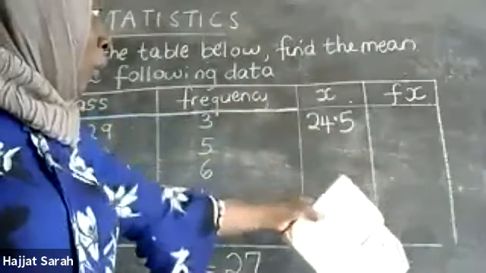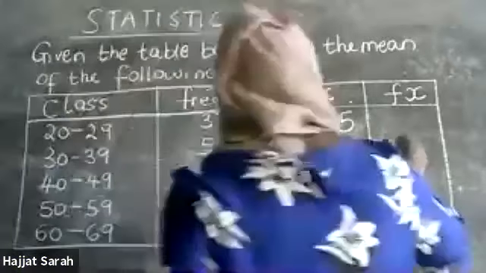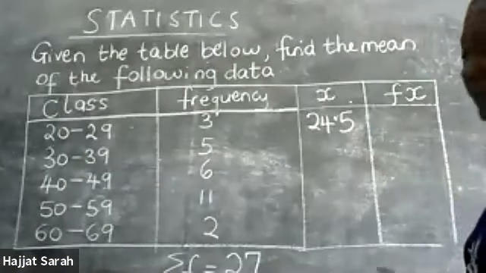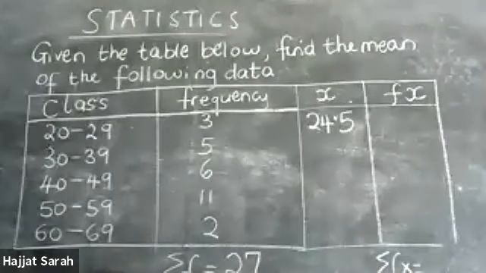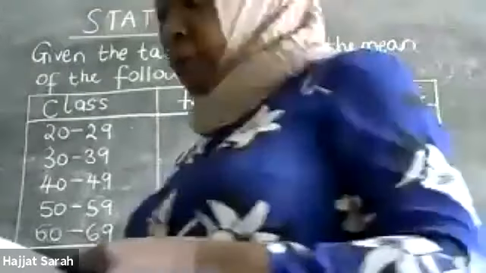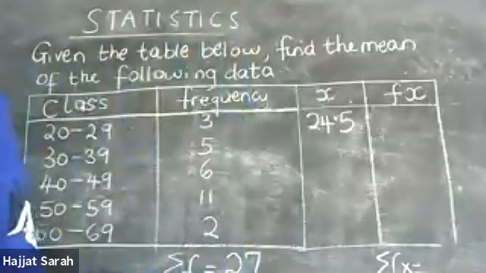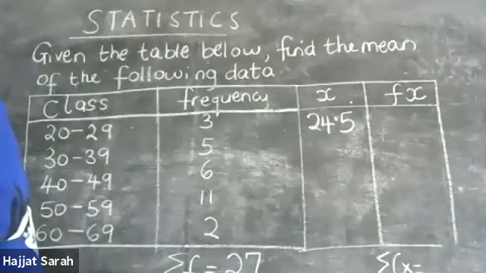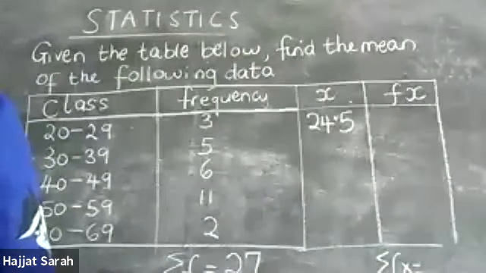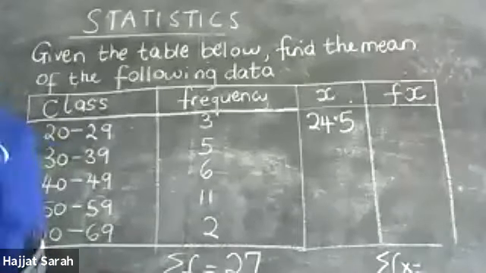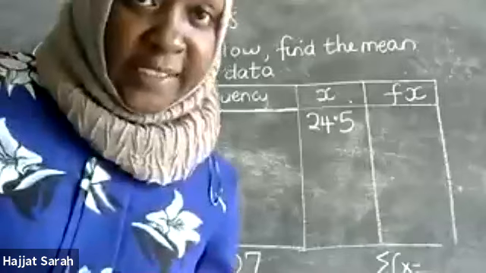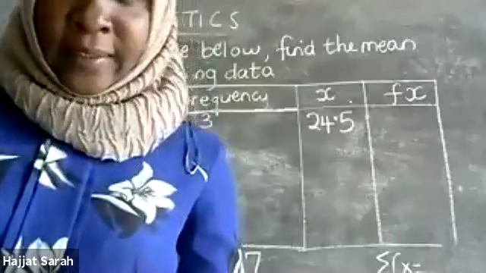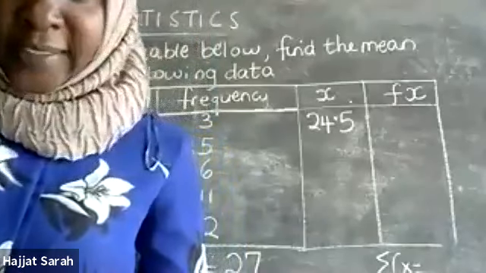Then when you fill this, what is the summation of fx? What do you end up with? Have you worked out your summation of fx? Put up your hand, please. Precious.